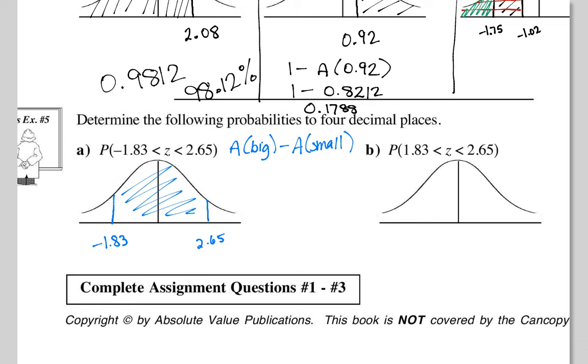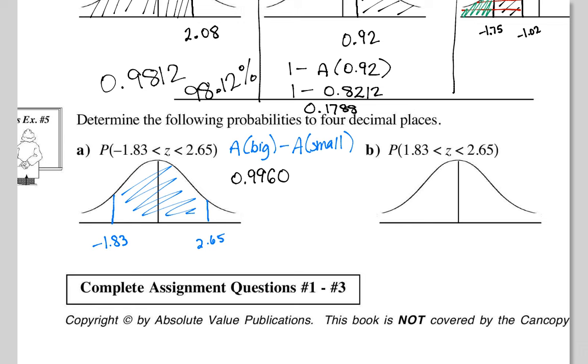Okay, so the z-score for the 2.65. On my chart, 0.996. Oh, see how that's very close to a 1.0? That's a very big area because the entire area equals 1. All of the area under this curve is 1. Look how close that is to 1.